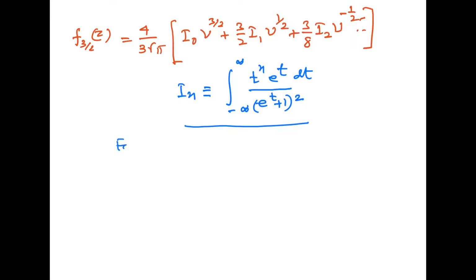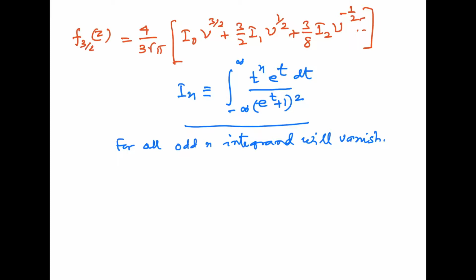So it will give a non-zero value only for even n.